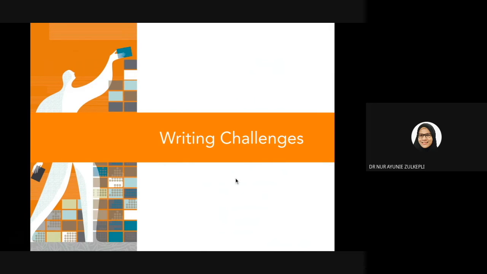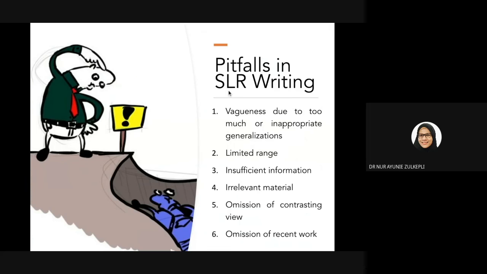It's actually one part I added just now. I want to show you the challenges in the writing process. There are pitfalls in SLR writing. The vagueness, because putting in too much or inappropriate generalization can make it too redundant, and limited range. Let's say you have a big topic, but you do not fully utilize it to explain the topic in general, and insufficient information.